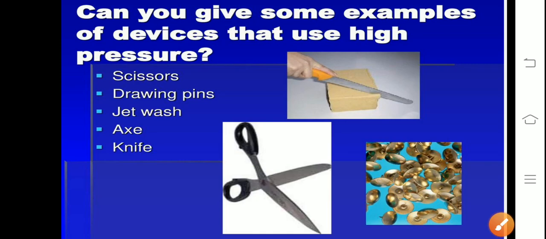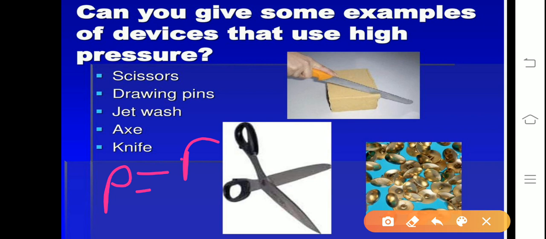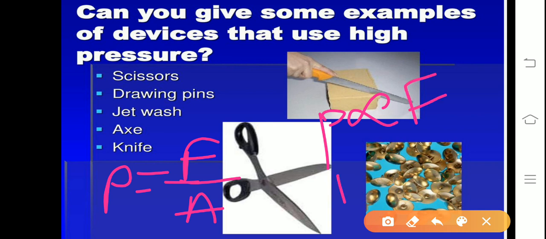Can you give some examples of devices that use high pressure? Absolutely right, you are looking at them on the screen. They are scissors, drawing pins, axe and knife. They possess high pressure with lower surface area, because you know the definition, P is equal to force by area. Also we can write that pressure is directly proportional to F and inversely proportional to area.